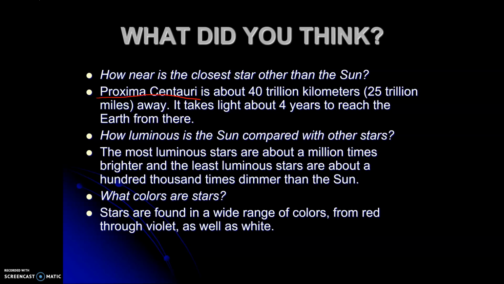What colors are the stars? We know that we have a wide range from red to blue or violet, and white is in that spectrum as well. So remember, oh, what a fine girl, kiss me. That's going to be our spectral numbers, starting from blue or violet and moving all the way down to red.